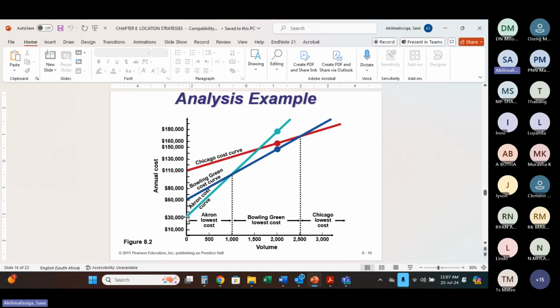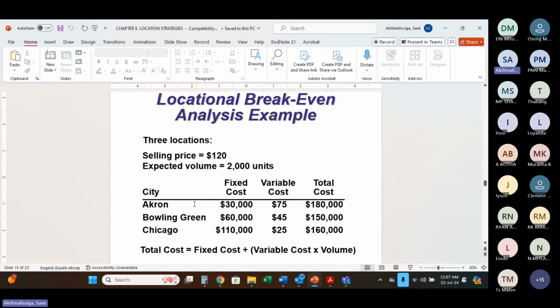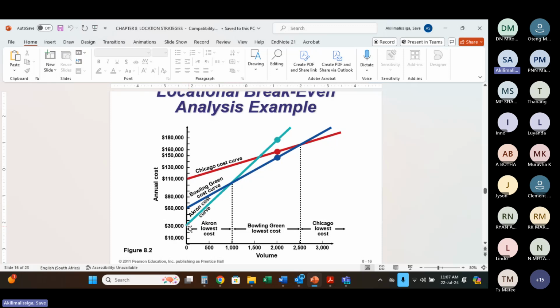And I said for you to plot a line, you need at least 2 points. In our case here, we already have the 2 points. For Akron, the fixed cost here is 30,000. So that is your starting point. You see where the 30,000 rand is. That's your starting point for Akron.